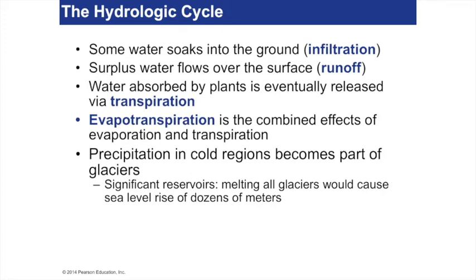That's called transpiration. So together, there's a big fancy 15-syllable word, evapotranspiration, which just means the water that's coming from groundwater or from plants that comes back up into the air due to the heat of the air.